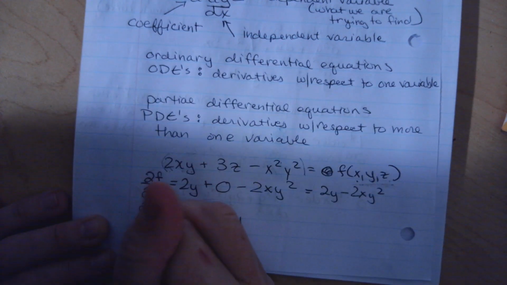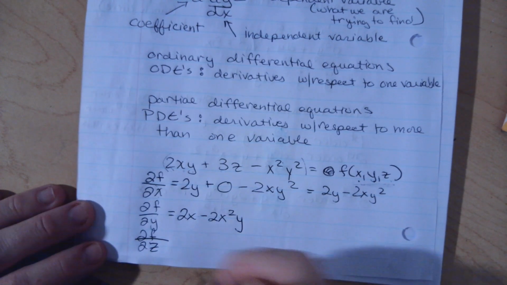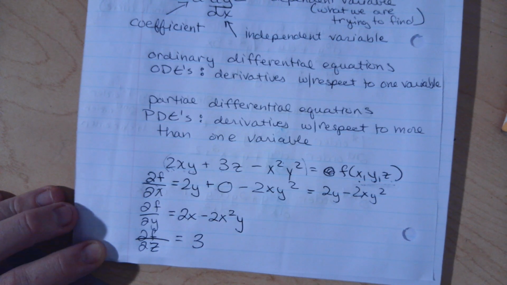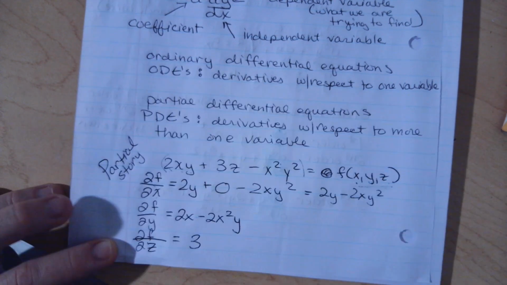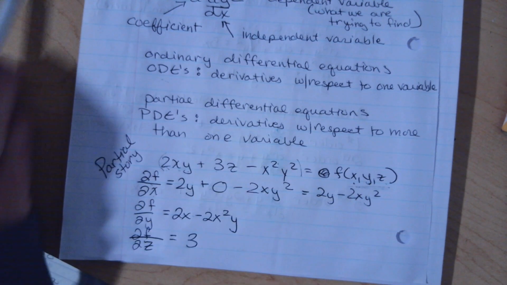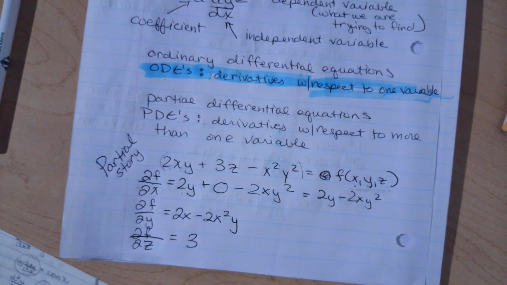And then if I take the partial of this with respect to z, that's just going to equal 3. Okay, so this is your short partial story. But we're not in that class. We're in ODEs. We do have to deal with partials when we use a theorem later on, but overall, that's not what this class is going to be about.